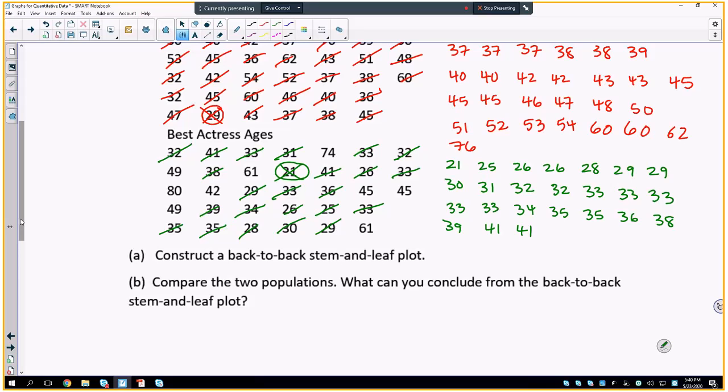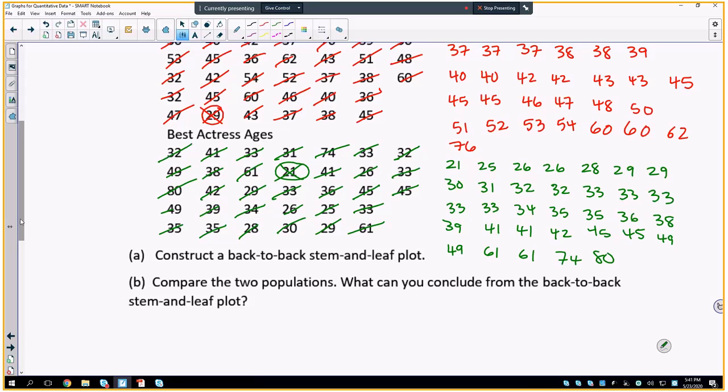Then I see 42 and 45. 49 and 49. Then I have 61, 61, 74, and 80.